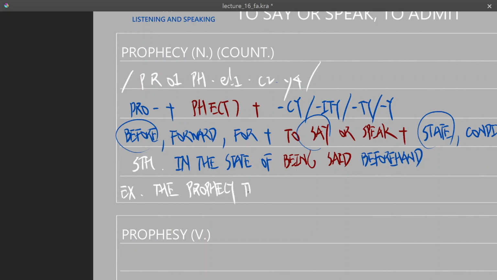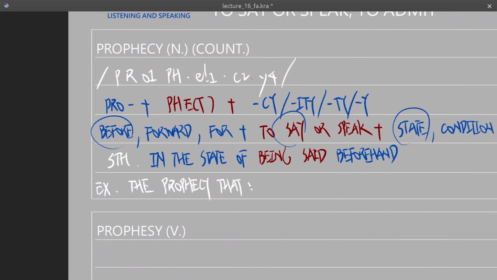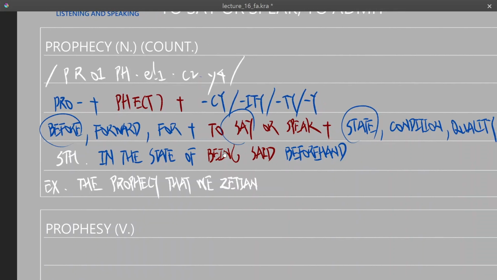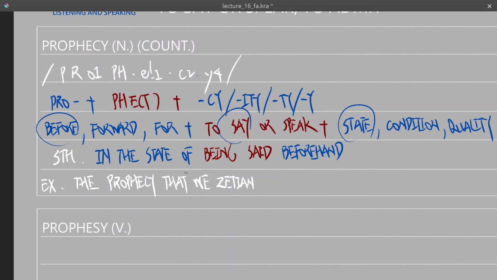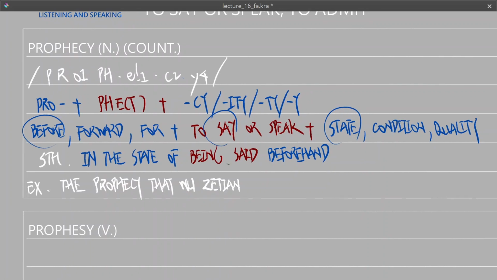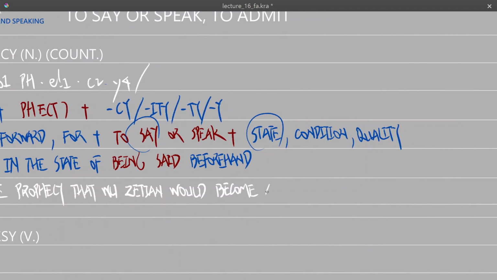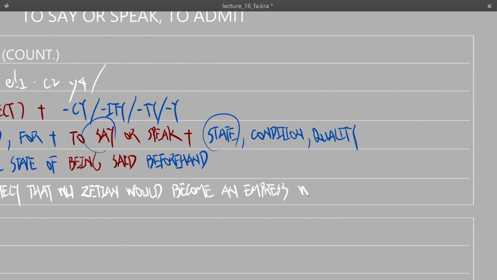The prophecy that Wu Zetian would become an empress was fulfilled.